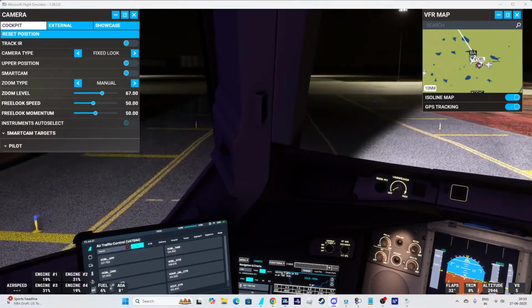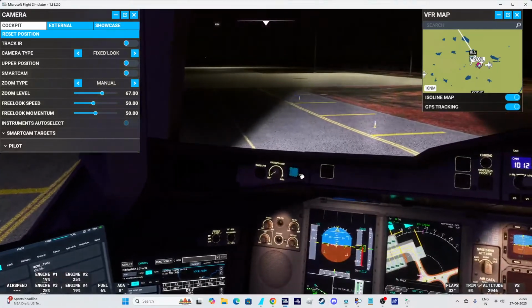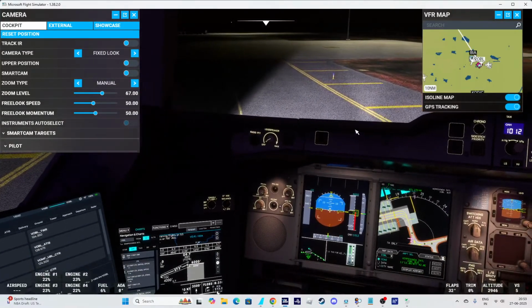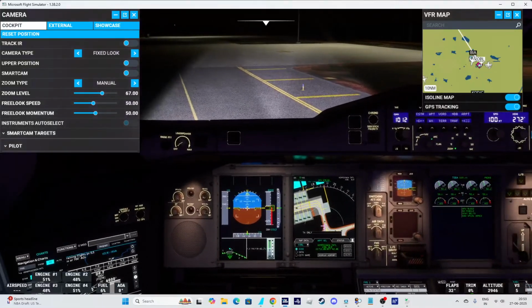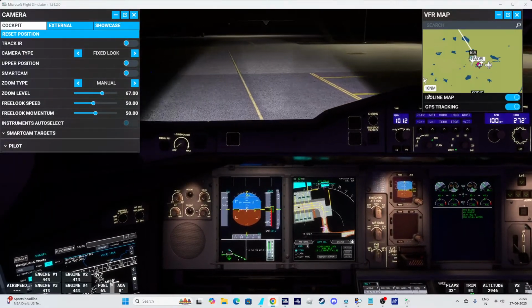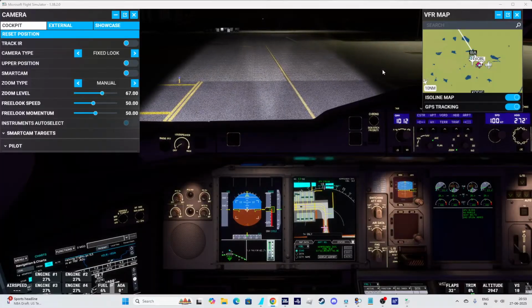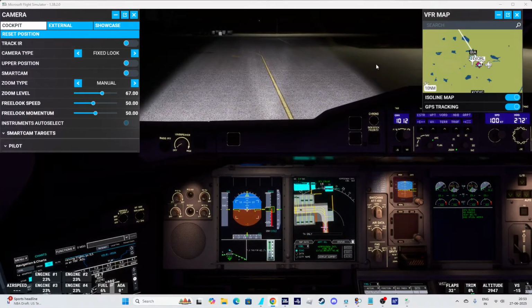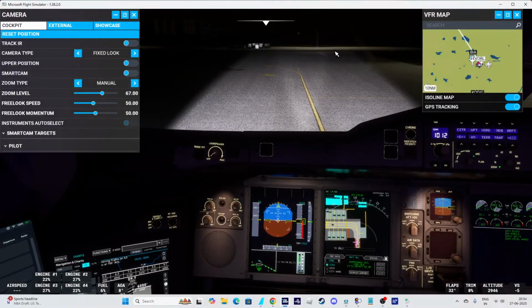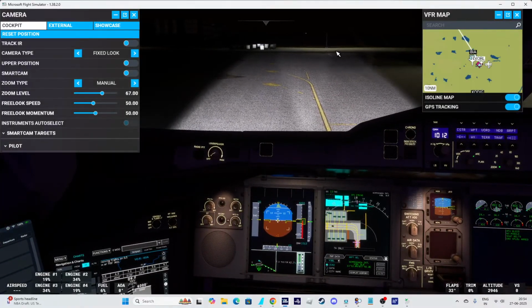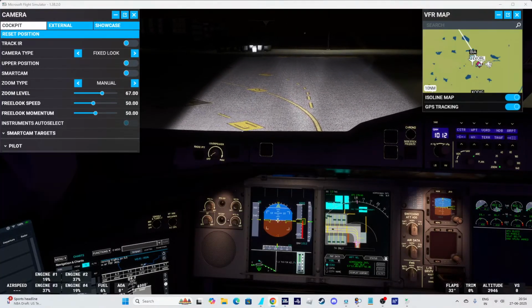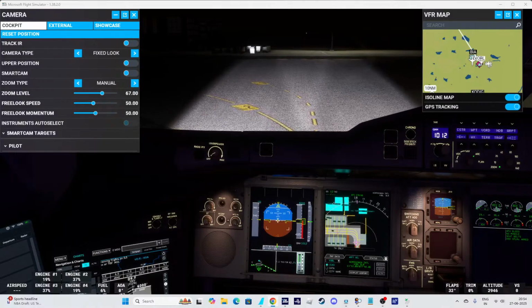Okay. Well, that's the end of it. I'll just have to park at my stand. Lima 2.